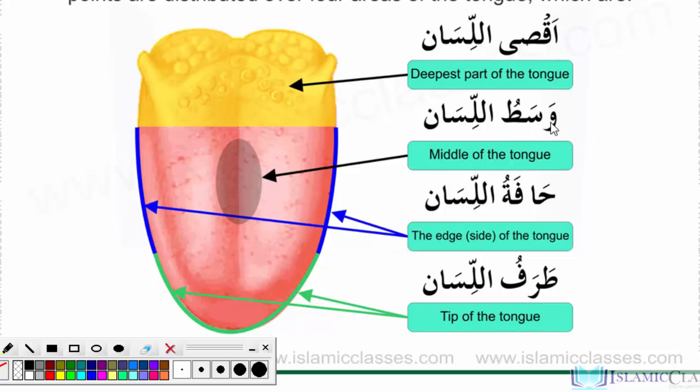The second is wasatul lisan, the middle of the tongue. The next is hafatul lisan, the edge side of the tongue, and you can see the blue two lines here. The last is taraful lisan, the tip of the tongue, and this area is here in green color.